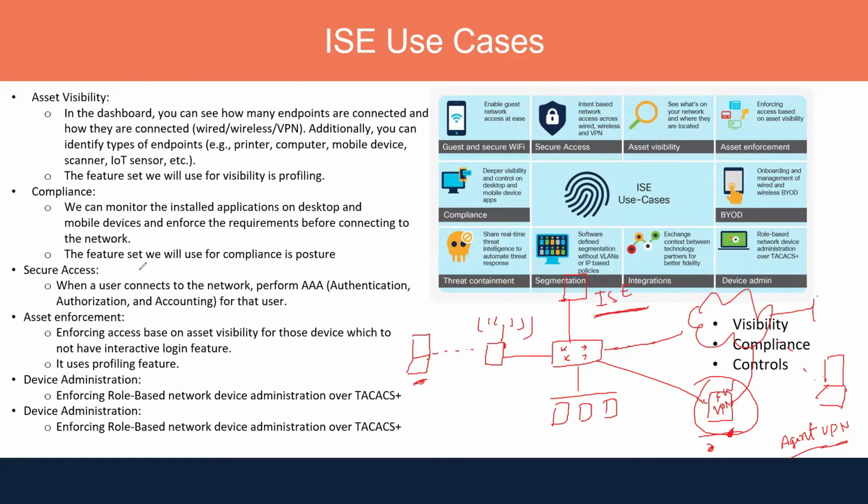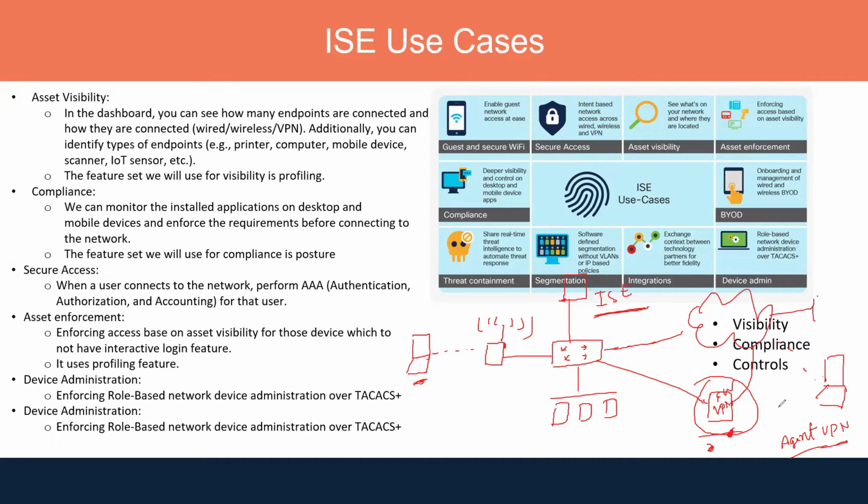It is checking all the required compliance, whatever compliance you would set on ISE. If the user doesn't meet the compliance policy, what further action will be taken? They will be blocked from the network, or the compliance parameters that we have set on ISE will be installed.